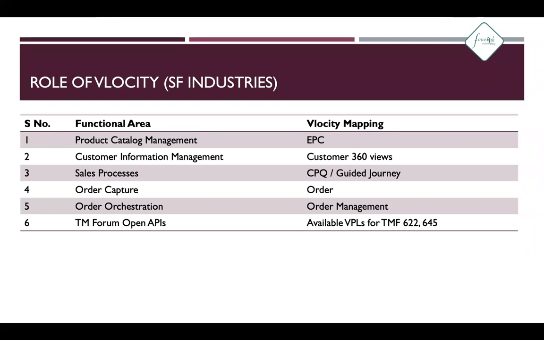Customer information management is mostly customer 360-degree views, where you can have your assets view, your existing order views, your opportunities, and your case views. All of the information is managed within Salesforce and Vlocity.